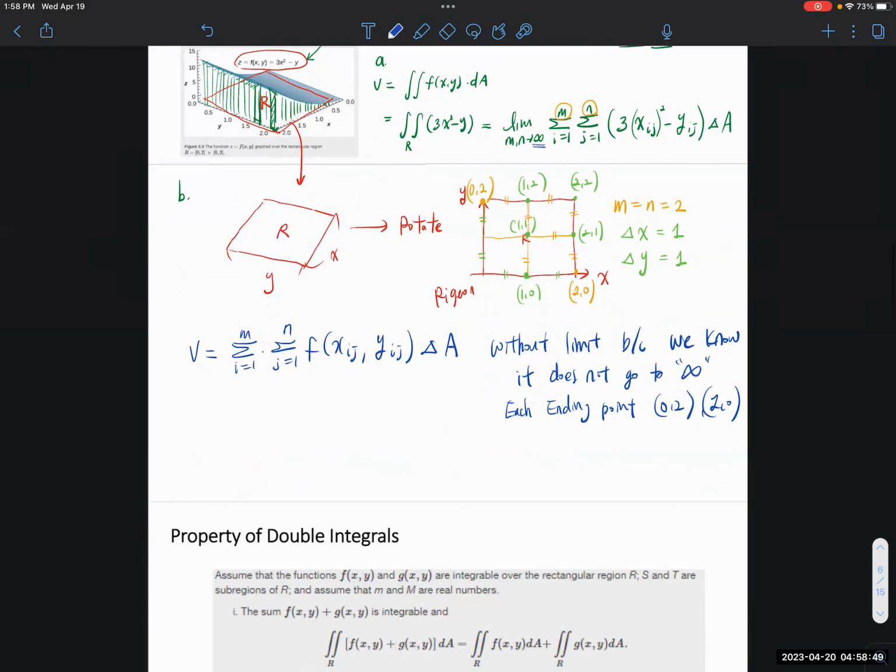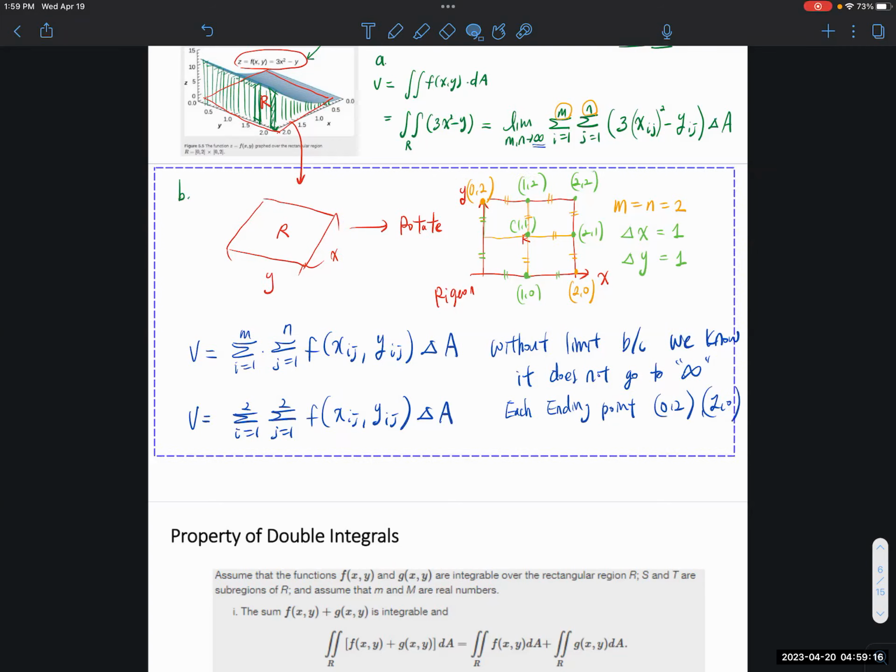So therefore, I can rewrite it. M is 2. N is 2. This is j. And then we do have f, right? We have to write it again. So here, x_ij, y_ij, delta A. Are you okay?